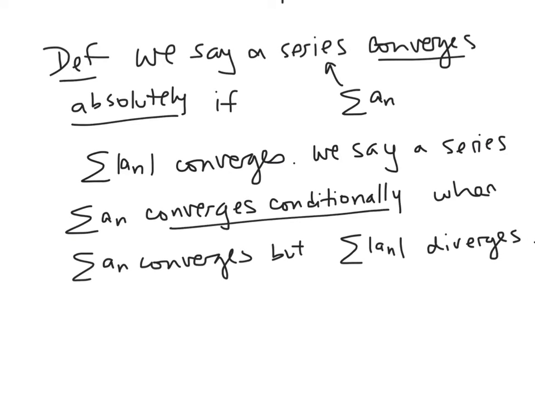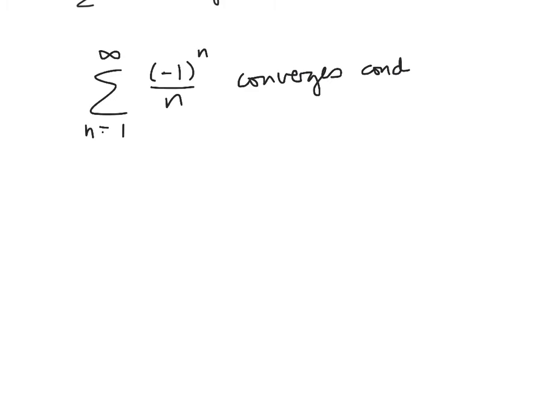And in the above case, we saw two examples of that. We saw that the sum of -1 to the n over n converges conditionally.